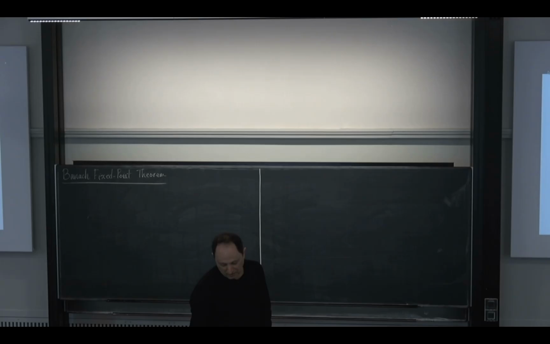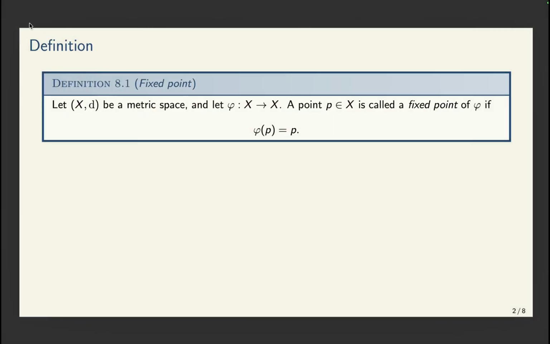We need some definitions and one big theorem that, of course, I want to give the proof for, because it's a very interesting and nice proof. The first thing we need to know is very elementary: the notion of a fixed point.